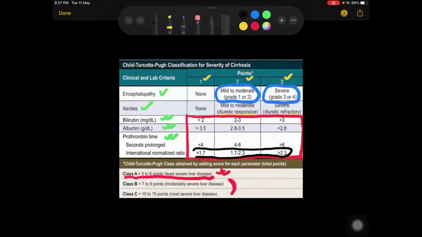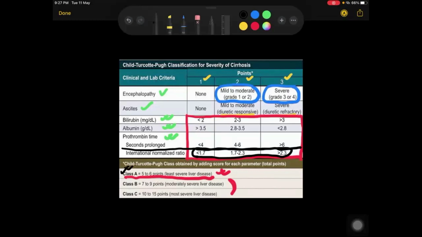I've never seen it being asked, but yes, up till here, they'll give you a clinical situation and you need to calculate the Child-Pugh score, often in an MCQ question. Now, especially if you're giving a GI exam, and class A again is the least severe form where you can go ahead with the surgery.